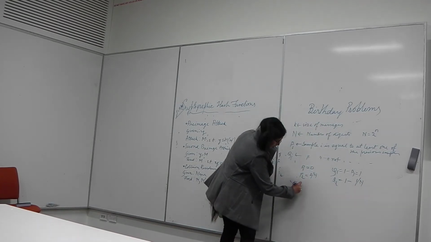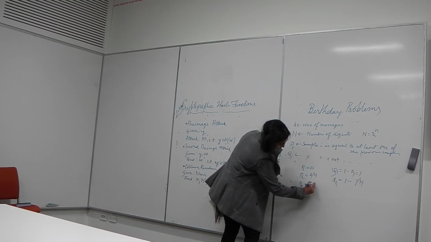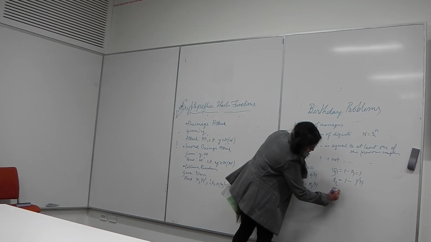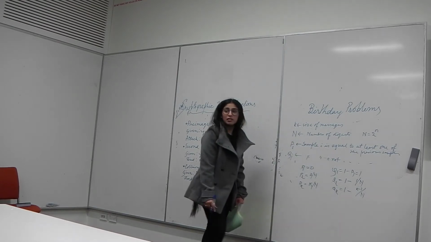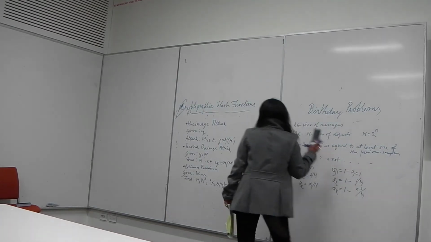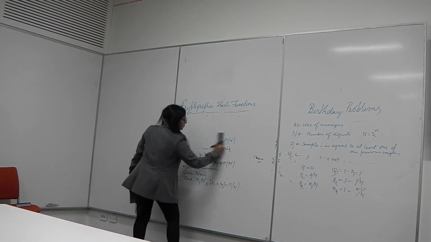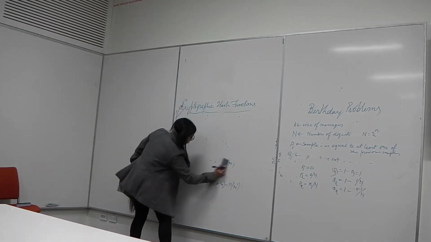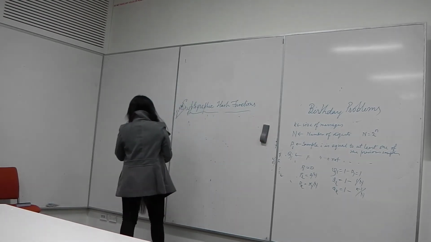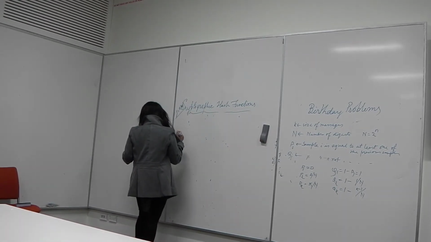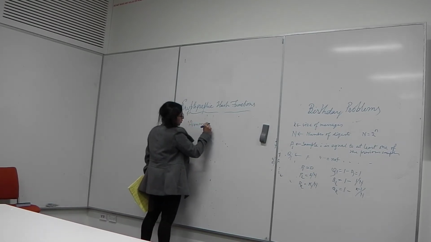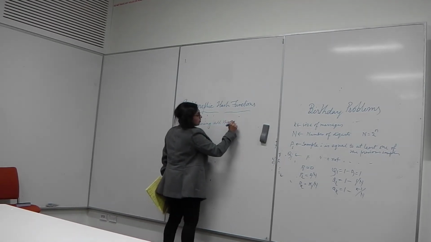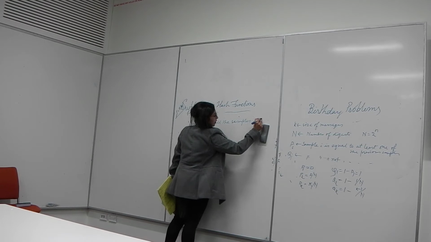Like this, and then Pk should be k minus 1 by n and Qk should be 1 minus k minus 1 by n, assuming all the samples are independent.